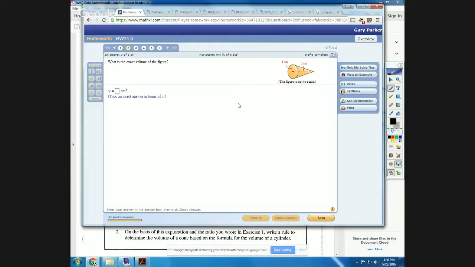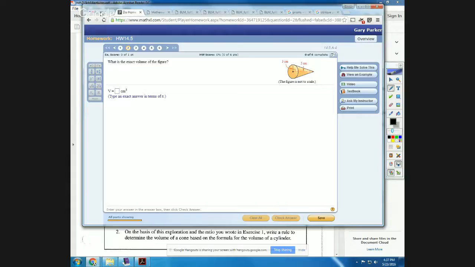Prisms are pretty straightforward. A pyramid is just 1/3 of a prism, so 1/3 base times height, where the base is an area. A sphere is very different, and it's kind of a wild one, so that one I'm just going to have to give you. The sphere is 4/3 times pi times the radius cubed.